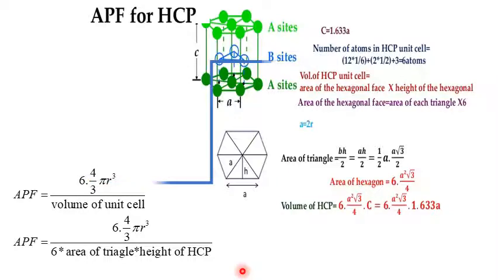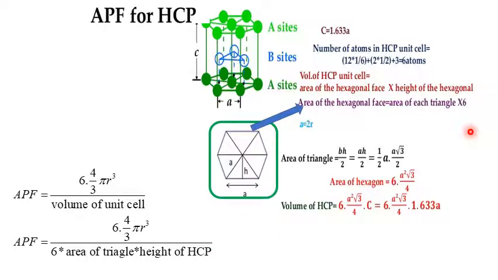So the volume is 6 times the area of each triangle into the height of the HCP, that is the area of the hexagon face into the height. The area of the hexagon face is the area of a triangle into 6.